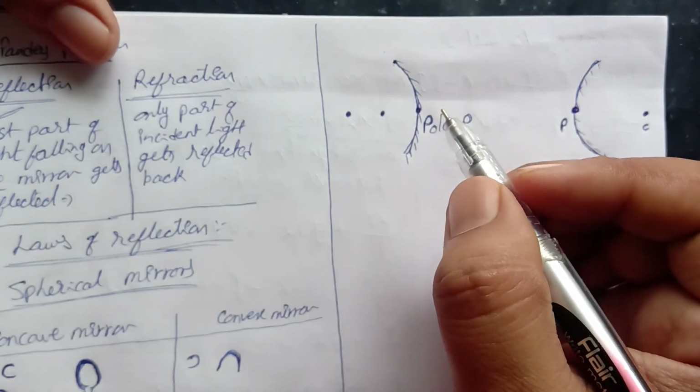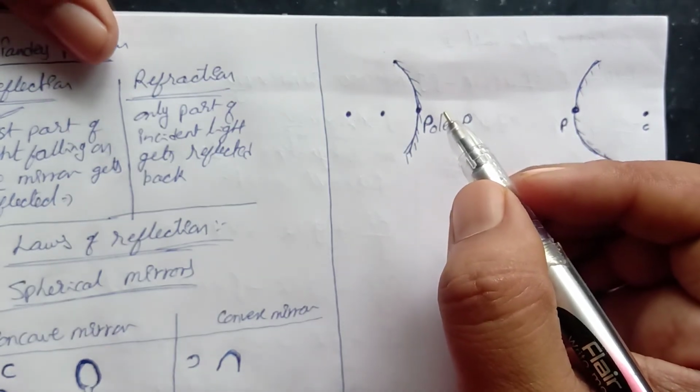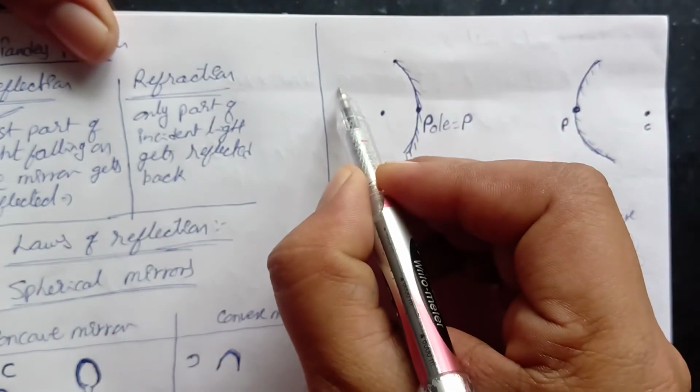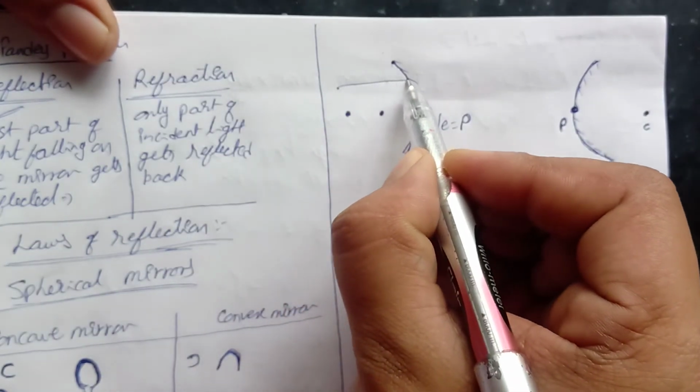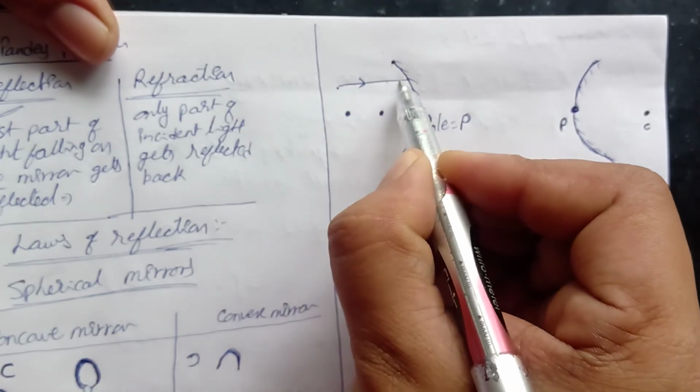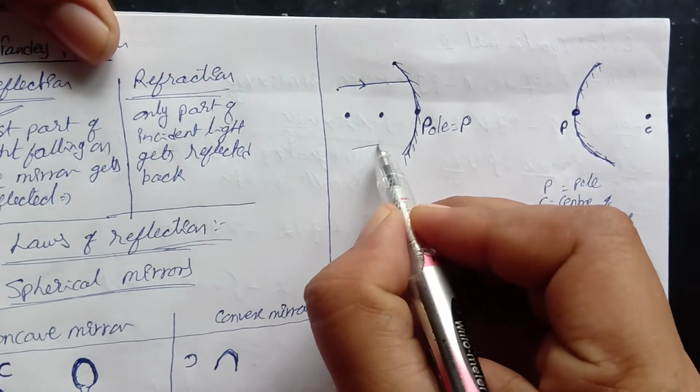For example, if you take a magnifying glass in the sun and try to project it towards a paper, what will happen? The sun emits maximum energy. So here is the sun ray coming through the magnifying glass.